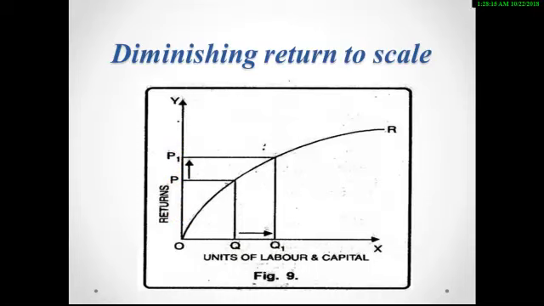In this figure, output increases in a small proportion. It means that if inputs are doubled, output will be less than doubled. In the figure, factors of production increase from Q to Q1 but the resulting output increases only from P to P1.